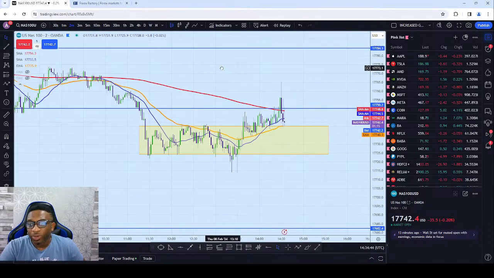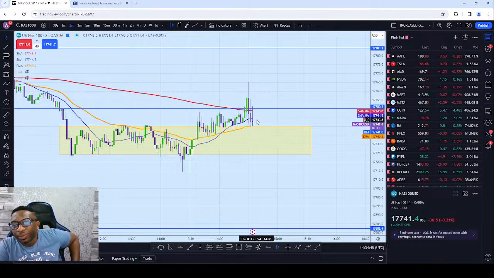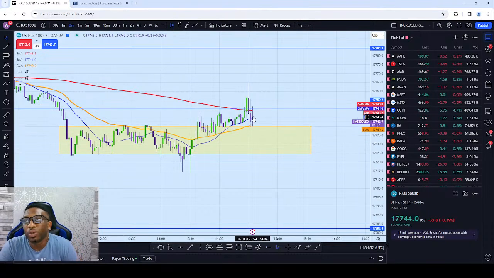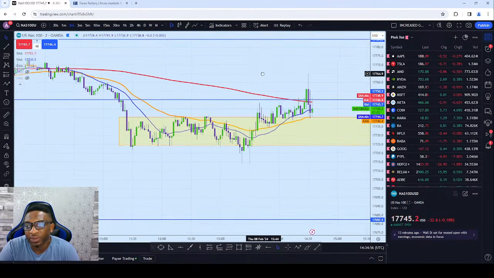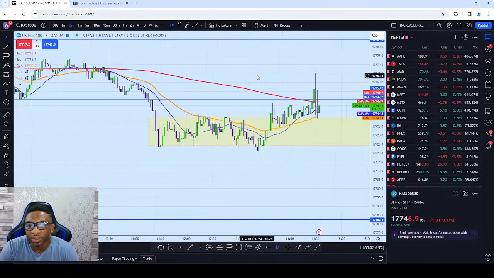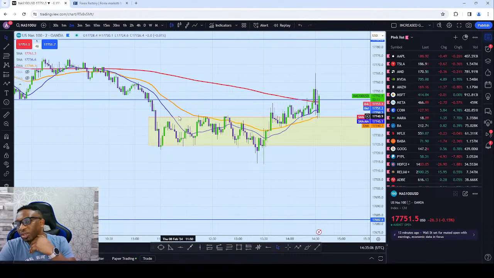So we could try a small size entry as price closes below the moving average and gives us a setup, with an event. If there's an event there that we can take advantage of, we can jump in and see how it goes.